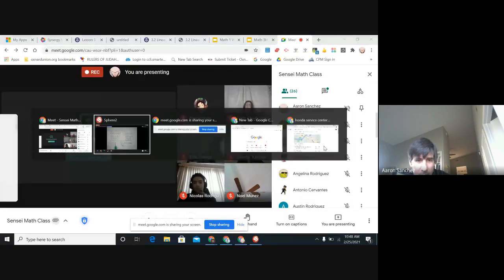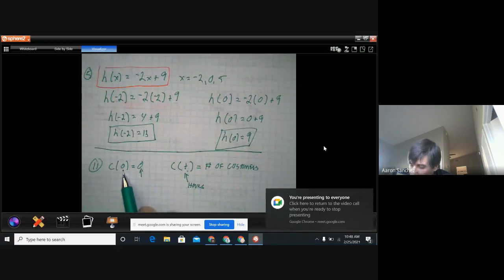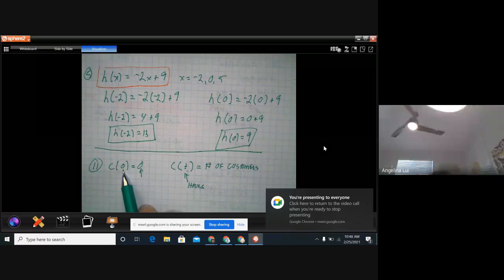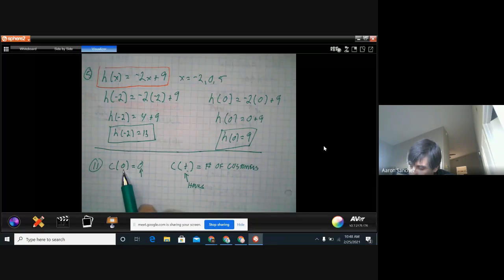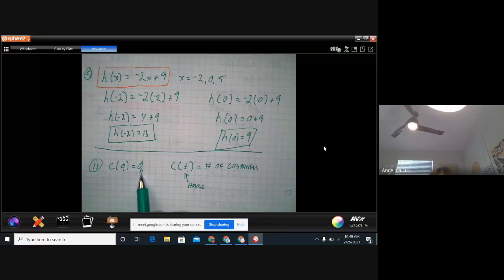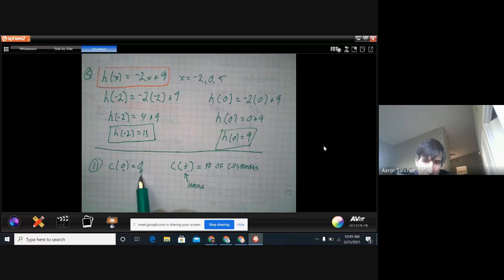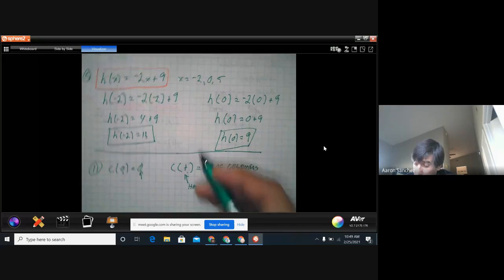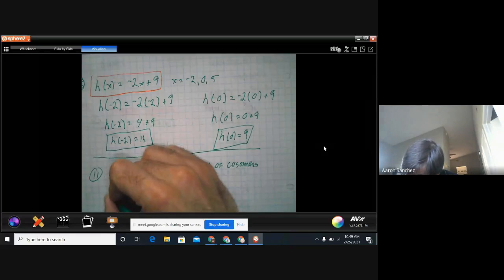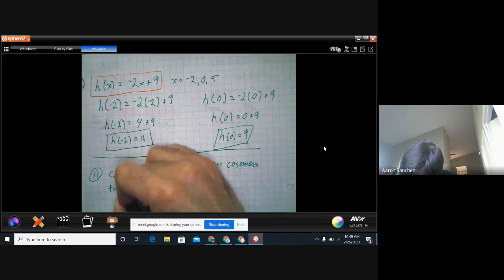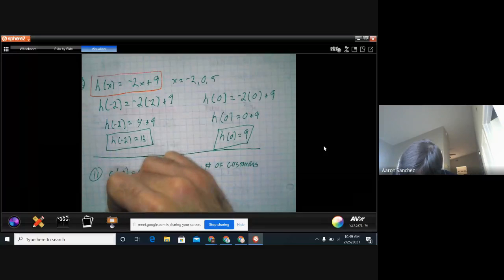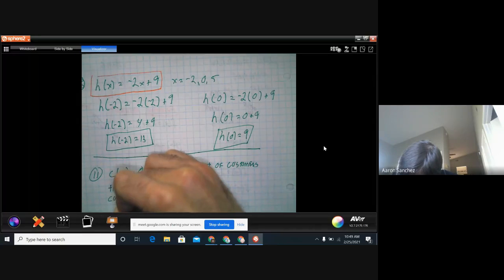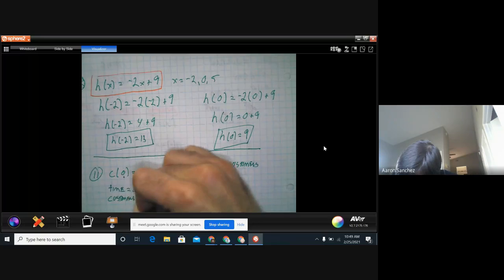Angelina Liu, what does this 0 mean here? It means there's no customers at 8 a.m. Very good. After 8 a.m., the restaurant hasn't opened, so 0 customers. Write this down: when time equals 0, customers is going to be 0.